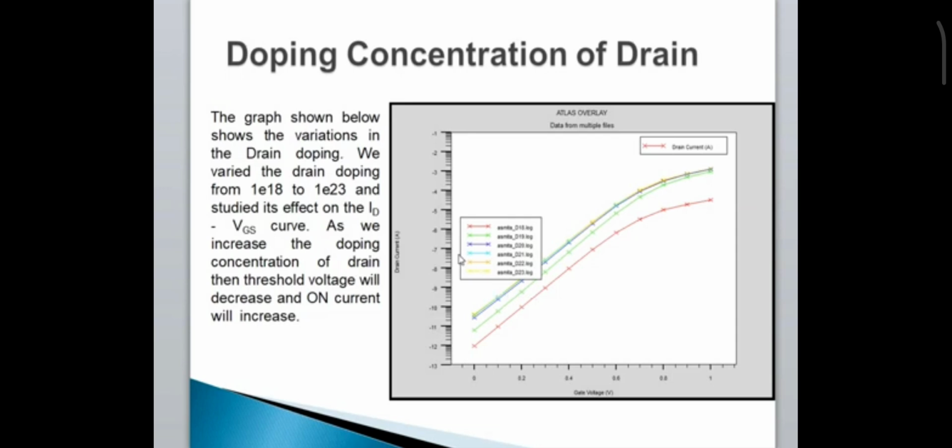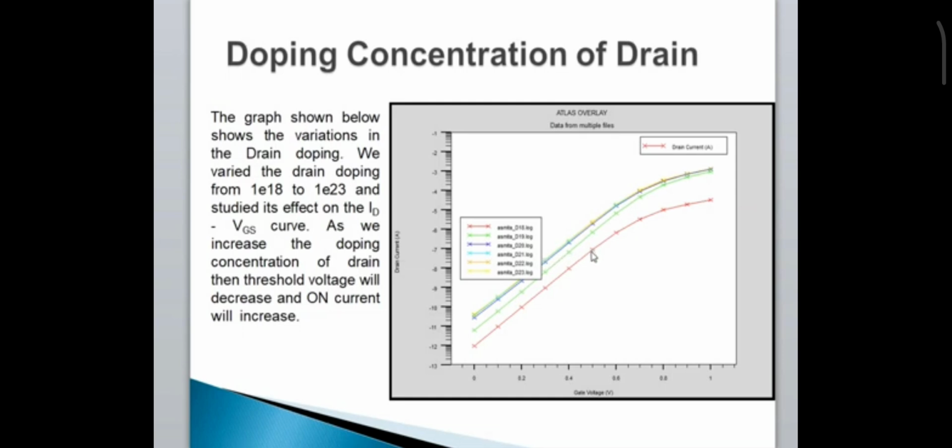The gate voltage corresponding to the required current for the VT, 10 raised to power minus 7, you can observe for the red line and the yellow line. The gate voltage corresponding to the drain current 10 raised to power minus 7: for the yellow curve, which has doping 10 raised to power 23, and for the red one, it's 10 raised to power 18.